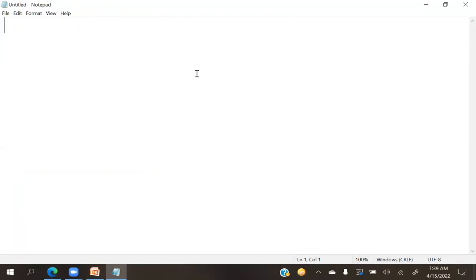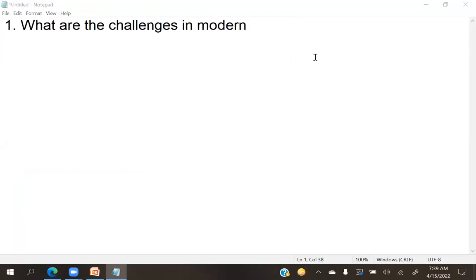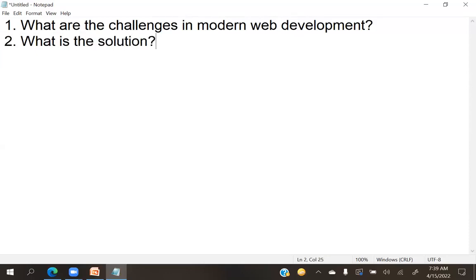Yesterday we discussed the challenges in modern web development, and what is the solution, and what is SPA, single page application, and how to build a single page application.